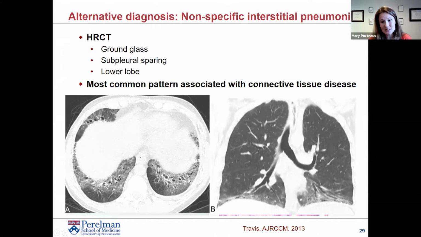Because in ground glass you can still see the underlying vasculature and airway through it. There can be some subpleural sparing, just as it sounds, literally just adjacent to the pleura, there is a notable absence of the ground glass. It is usually more lower lung zone predominant, and this is the most common radiographic pattern seen with connective tissue disease, with the exception of rheumatoid arthritis, which is a UIP pattern itself.